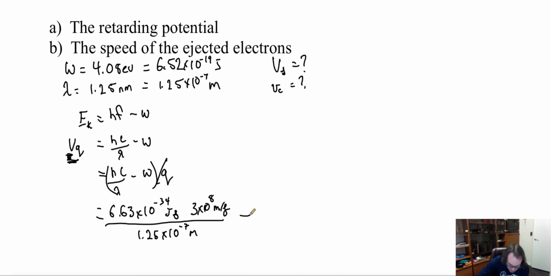And we're going to subtract from this my energy of the metal that's required to release it, which is going to be 6.52 times 10 to the negative 19 joules. And all that's divided by the charge of an electron, which is 1.6 times 10 to the negative 19 coulombs.